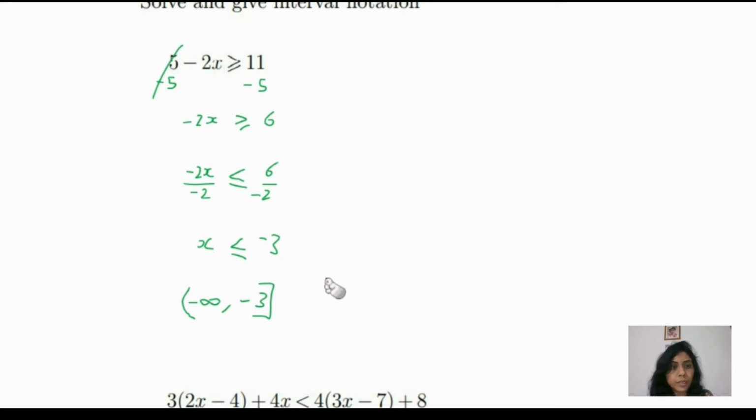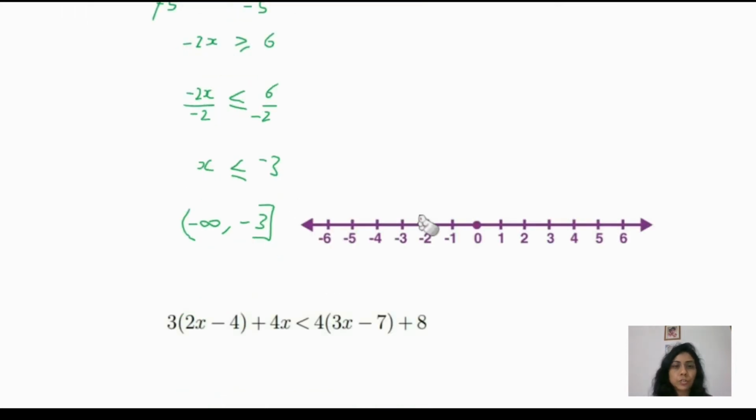When we show it in the graph, -3 is included, so the parenthesis becomes square. This is the answer.